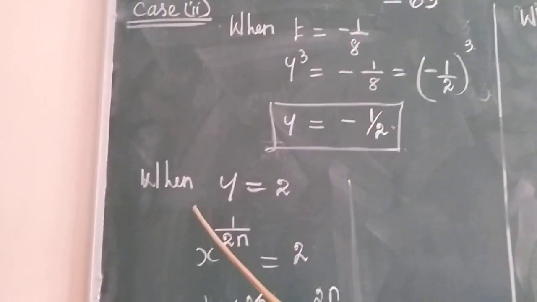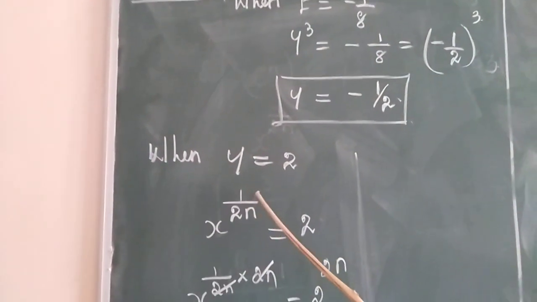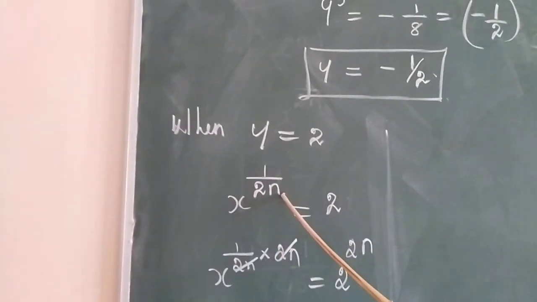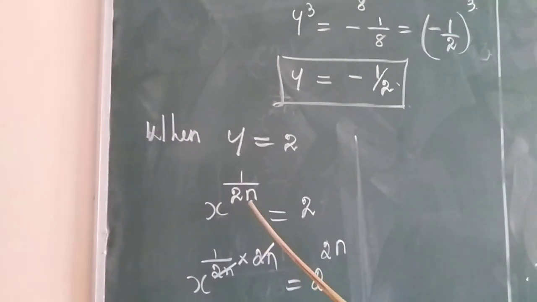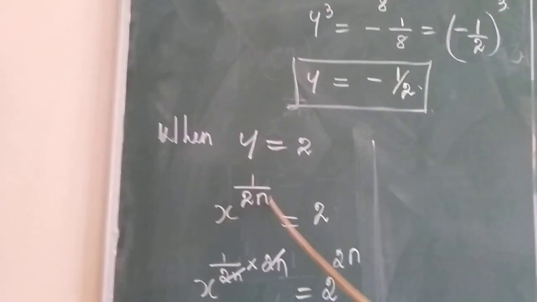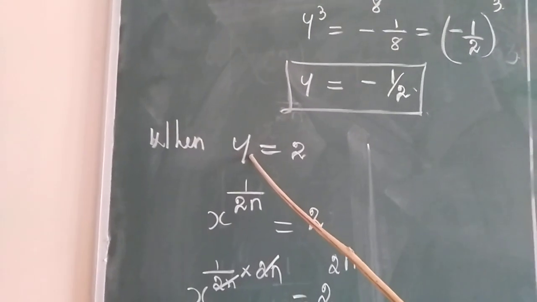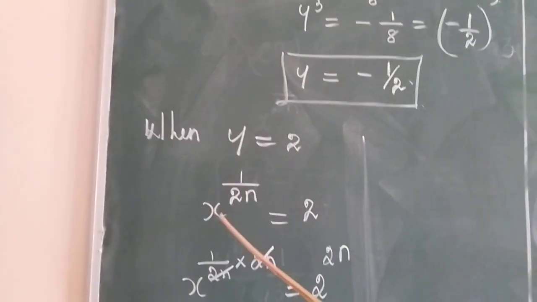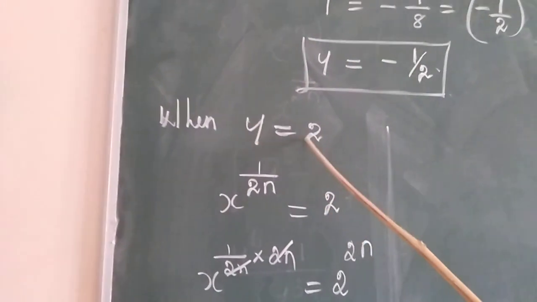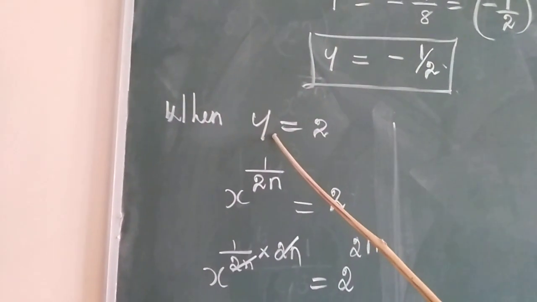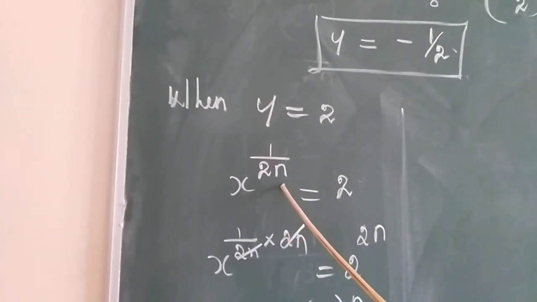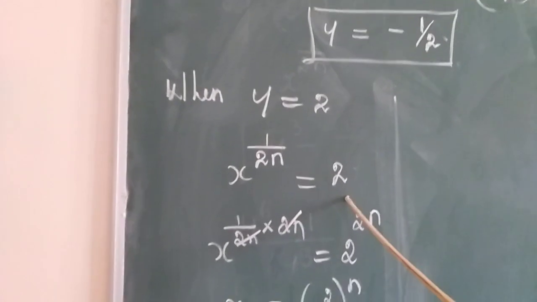Now we are going to replace y with x power 1 by 2n. In the beginning we assumed that in the place of x power 1 by 2n we substituted y. Now we are going to replace it. In the first case we found the value of y is equal to 2. Now I am going to replace this y by x power 1 by 2n, that is equal to 2.